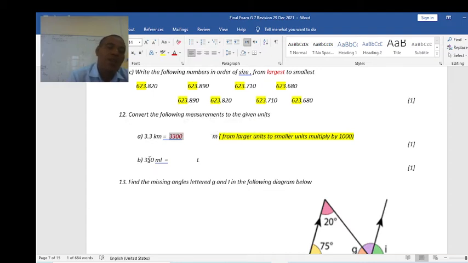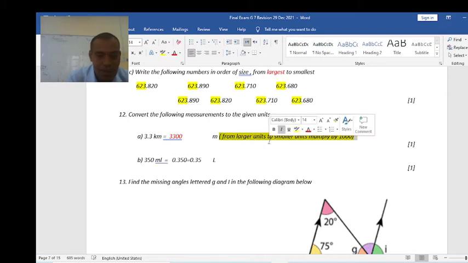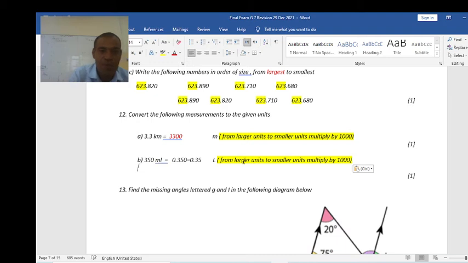Now we have 350 milliliters equal to what in liters? It will be 0.350, or also equal to 0.35. The unit is already liter. So now I will write this again here, copy, and paste it here, then add something for you.